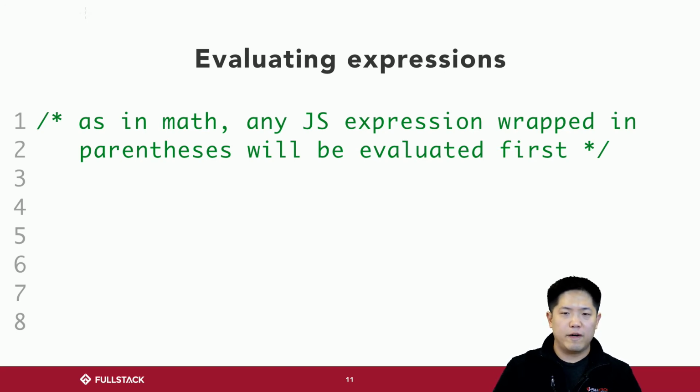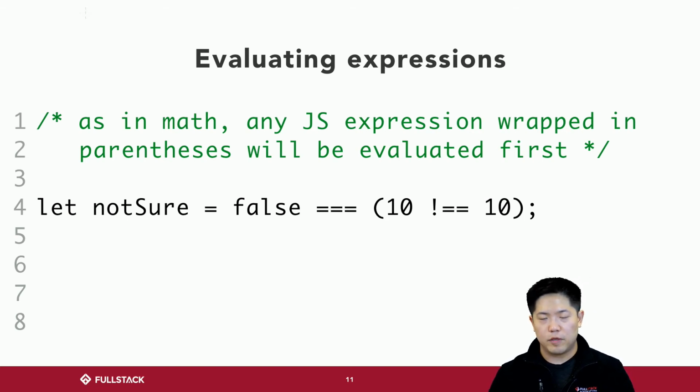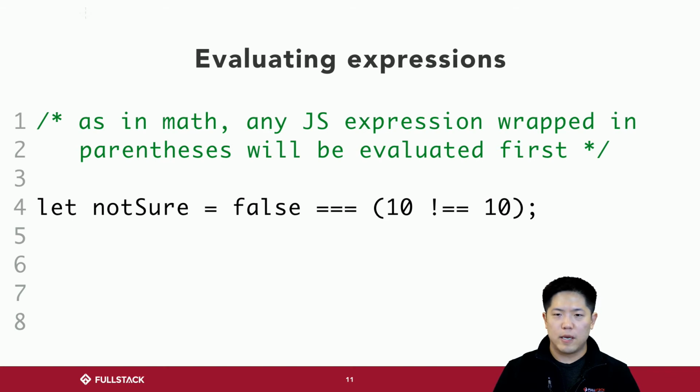Now let's take a little bit of a more abstract example with parentheses and see if we can figure out what's going on. Here we say, let the variable not sure be assigned the expression false equals parentheses 10 not equal to 10. If we use the previous example, the first thing that will be evaluated in the expression is what's in the parentheses, 10 not equal to 10.